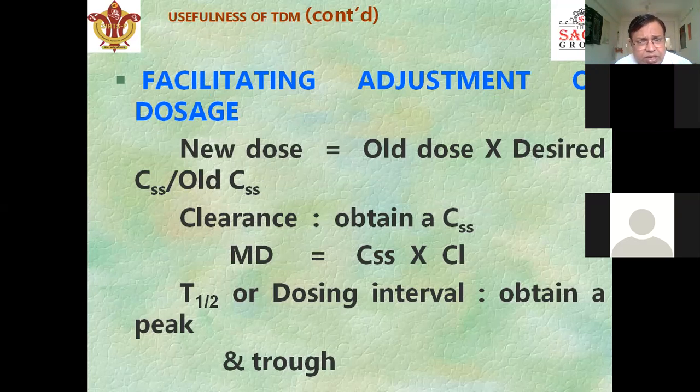New dose equals old dose times desired serum concentration divided by old serum concentration. Similarly, using clearance and the obtained serum concentration, by this formula we can calculate or adjust the dose for the patient.